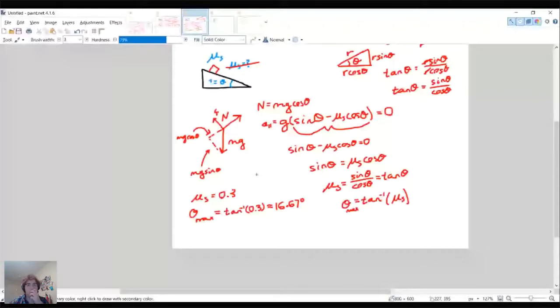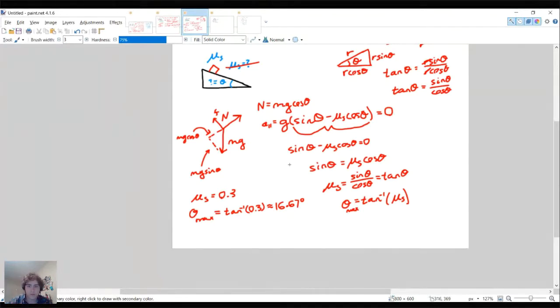You'll learn that in either pre-cal or cal, depending on how deep your pre-cal teacher goes. So yeah, the only way to get something to stay completely vertical is to have an infinite coefficient of friction, which I hope you know doesn't exist, because that would imply an infinitely rough surface, which doesn't really make sense.